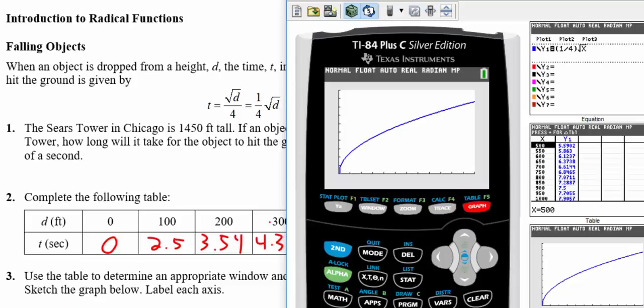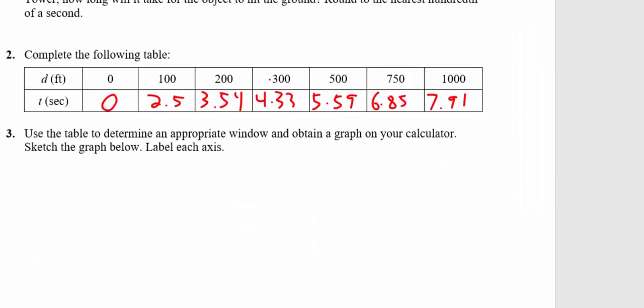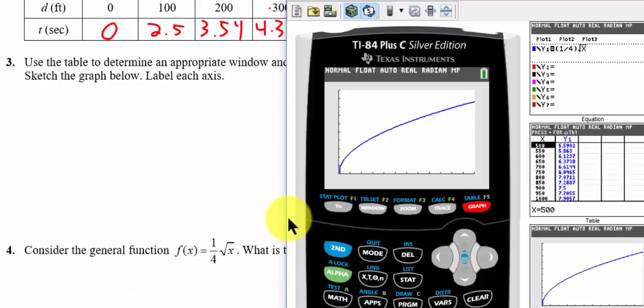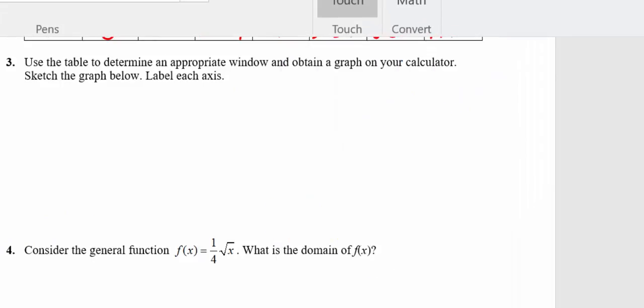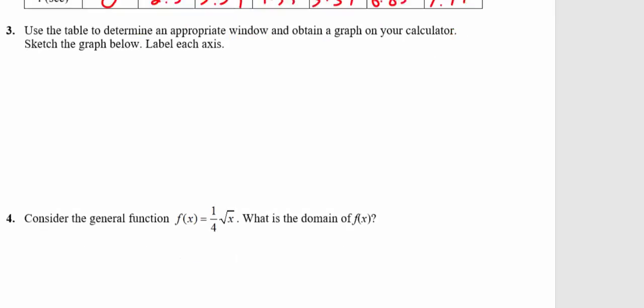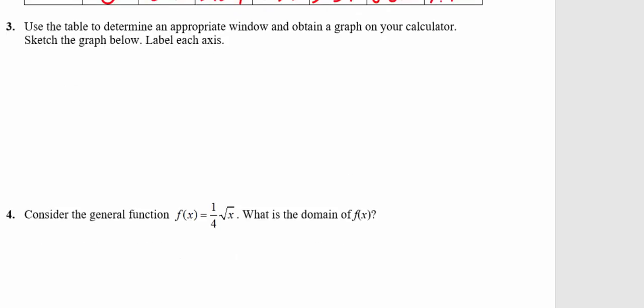Okay, so on your paper, they want you to kind of sketch the graph and label the axis. And I'm using a touch screen, so what I'm about to do is not going to be a Picasso, but just do the best you can. Here's my graph.